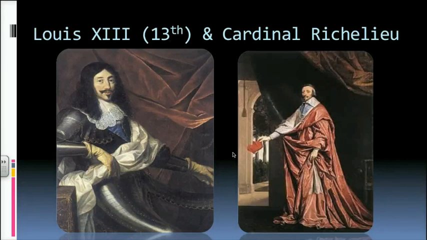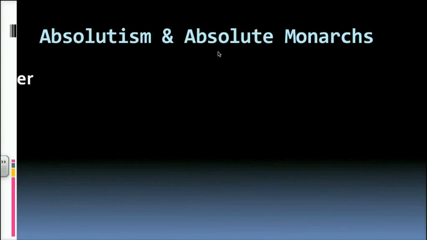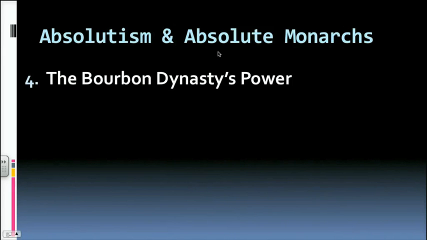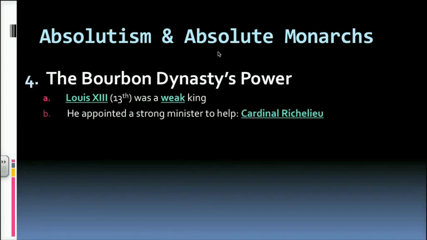Now, the next part of our story is going to revolve around the next person in the dynasty, which is Louis XIII. You can see XIII means 13th, and Cardinal Richelieu. So the Bourbon dynasty's power. Louis XIII was a weak king. Our story's not going to focus very heavily on him, but we need to at least mention him as part of this story.